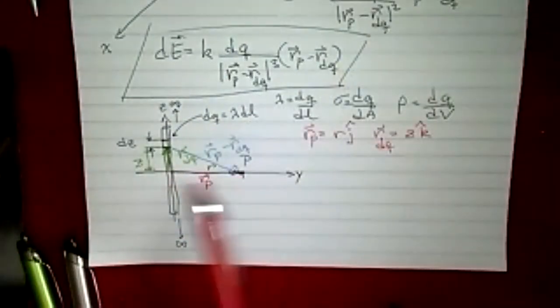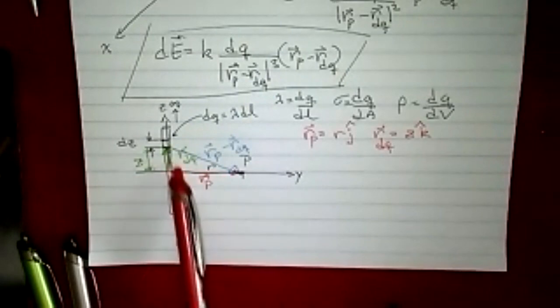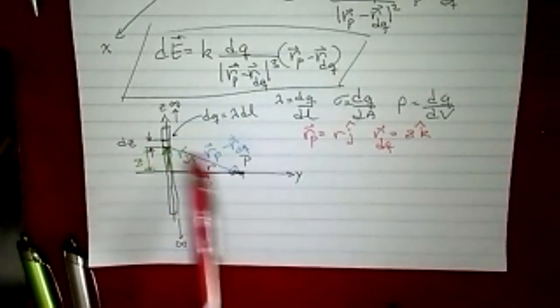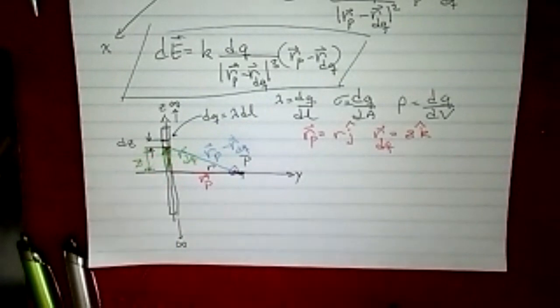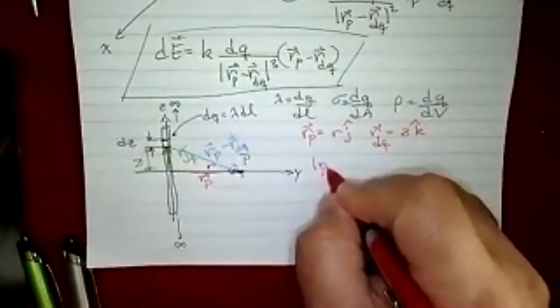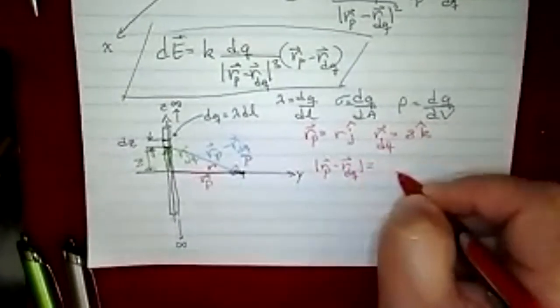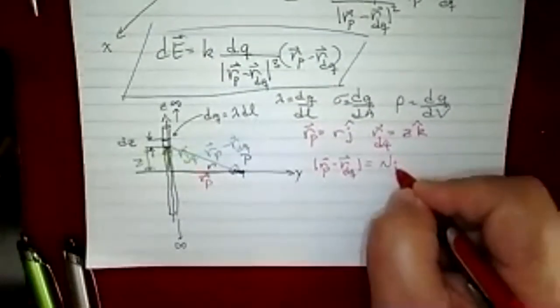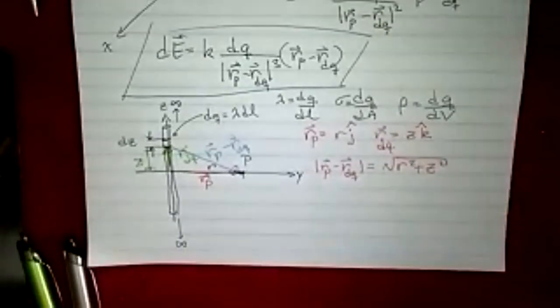I think you can tell from this drawing that this leg has a length r, this leg has a length z, so this has a length of the square root of r squared plus z squared, which is in fact the magnitude of r_P minus r_dq. Okay.